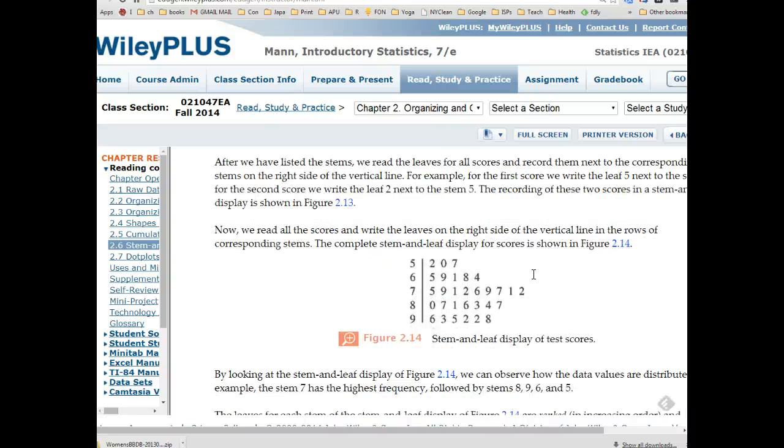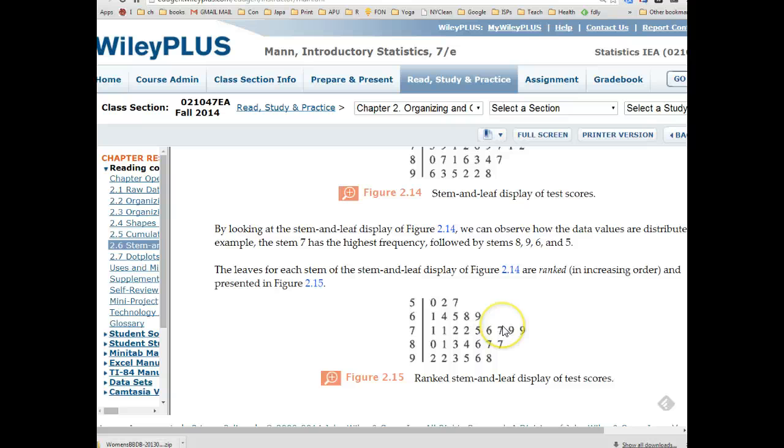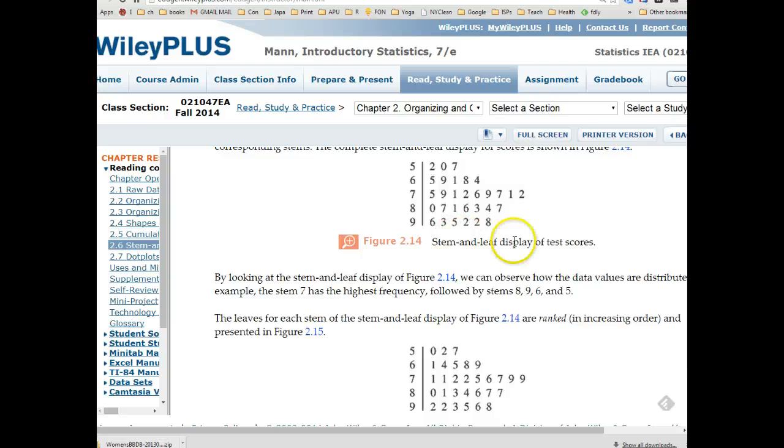But if you look at it this way, you immediately know that 70 occurred more than the others, right? So that's an advantage of doing this. It shows you information very quickly. Okay, everyone understand? So they call this a ranked stem and leaf because they put it in order, whereas this is just called a stem and leaf.